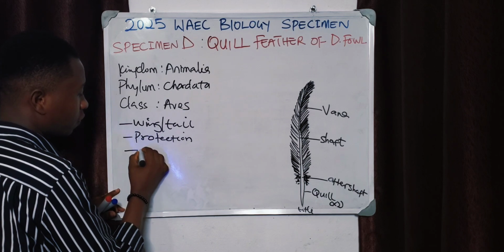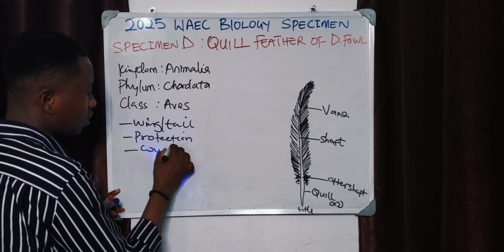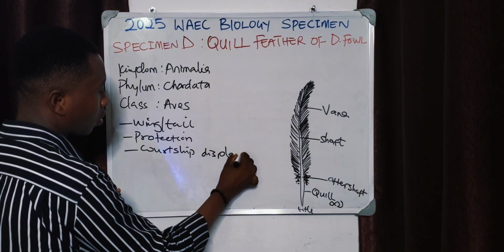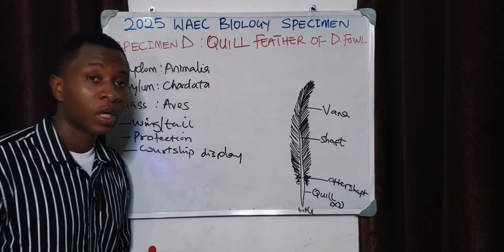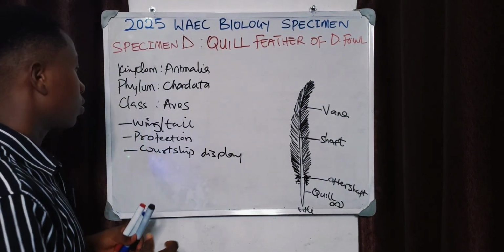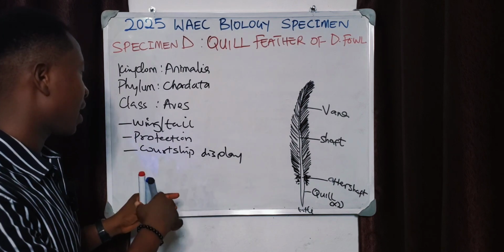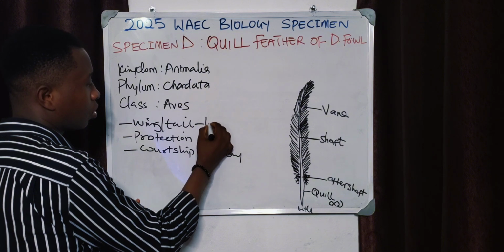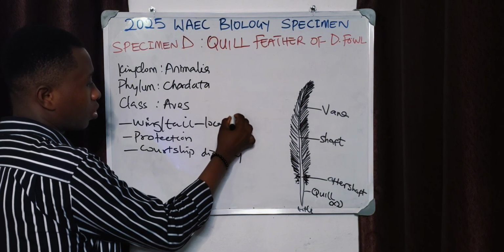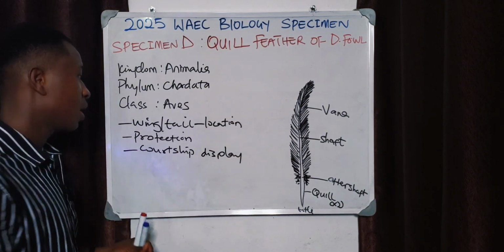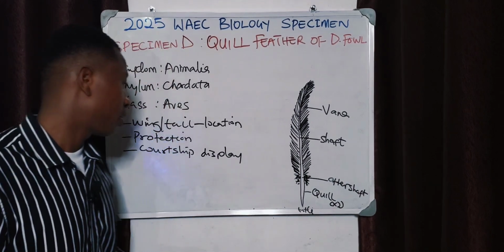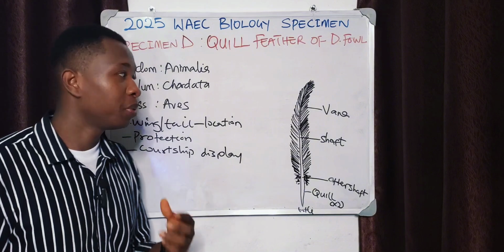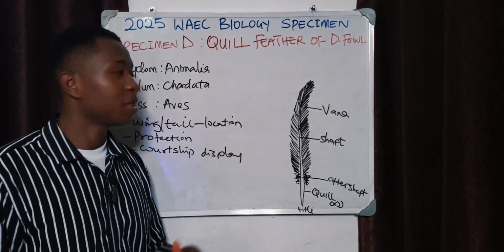It offers protection. It can also be used for courtship display. So the location is the tail region or the wing region. So that's that about specimen D.